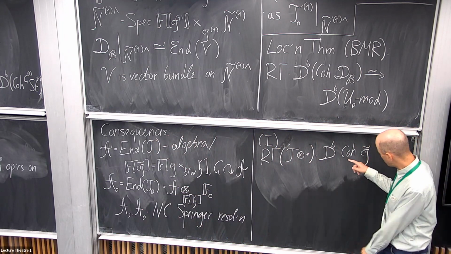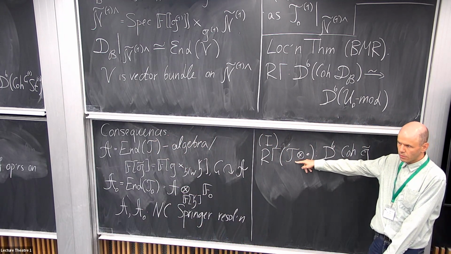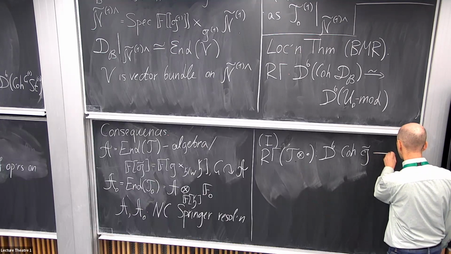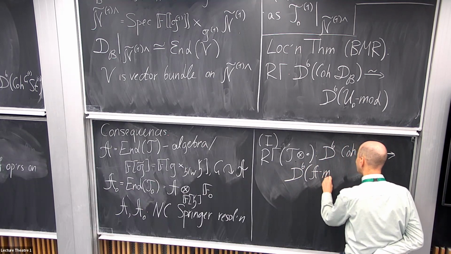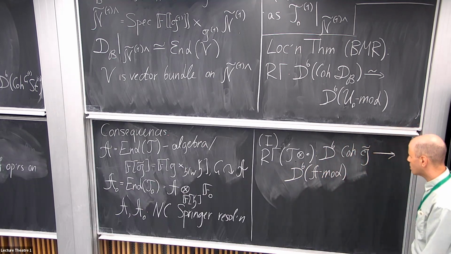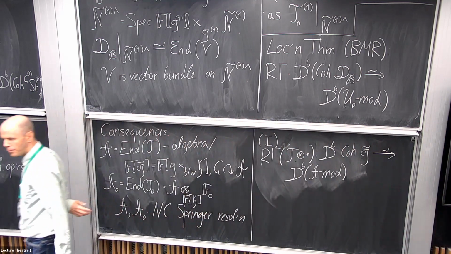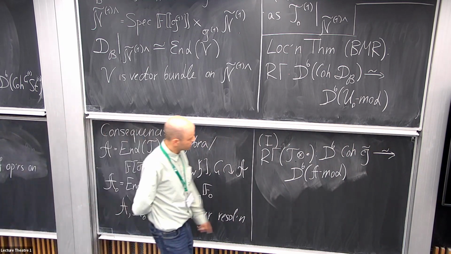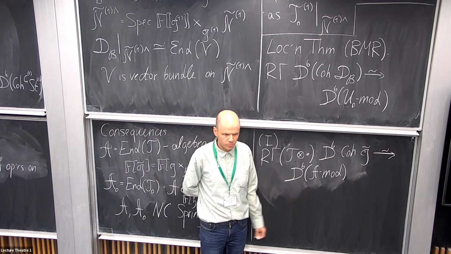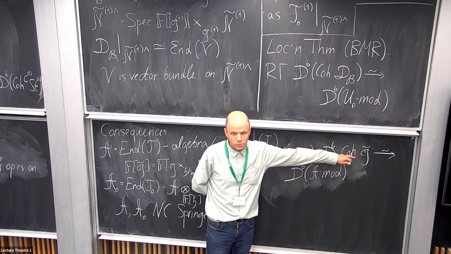So what happens here, I take a coherent sheaf on G tilde, or complex of such, I tensor with this vector bundle T, and then I take derived global sections. So this is going to land in D^b of A mod. It turns out that this is an equivalence. Okay? And that's exactly why we call this a non-commutative resolution. So I just change the t-structure on the derived category of this.